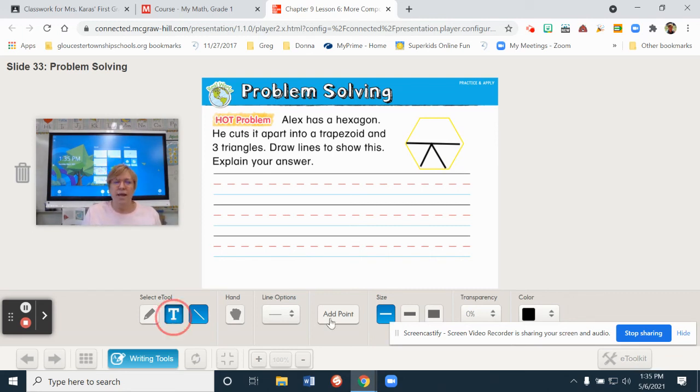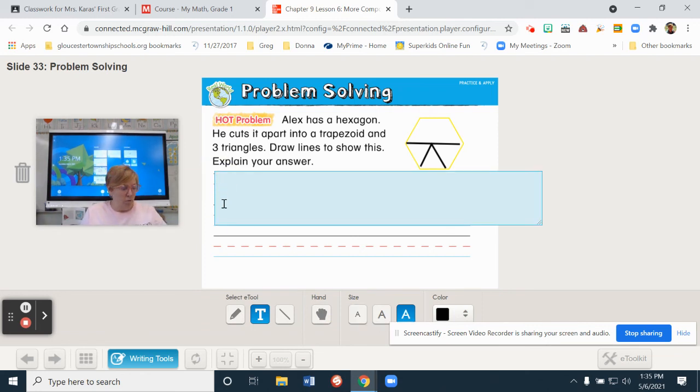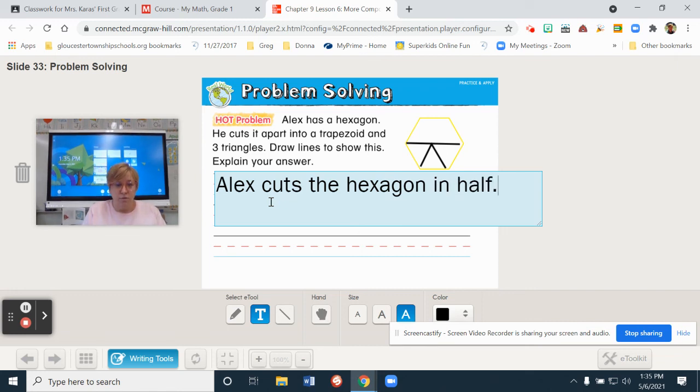Okay? So now here comes how we're going to explain it. Okay? All right, so we are going to say that Alex cuts the hexagon in half. Okay, so now he has a trapezoid.